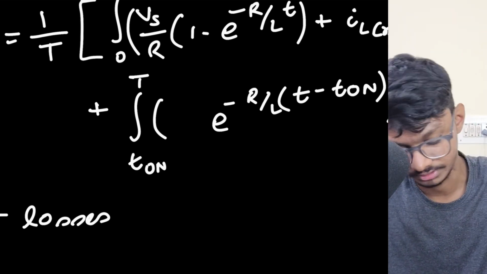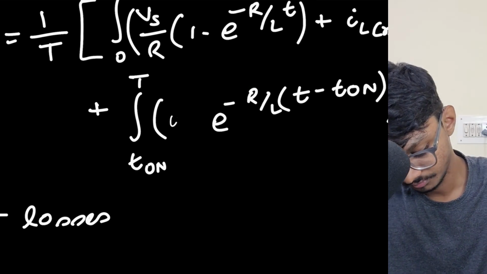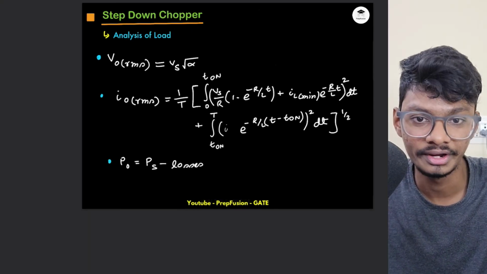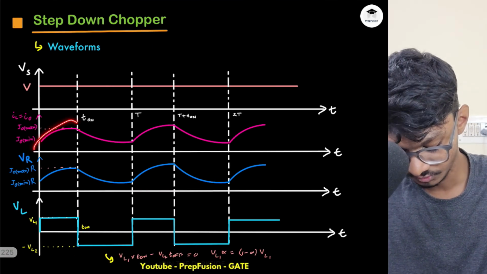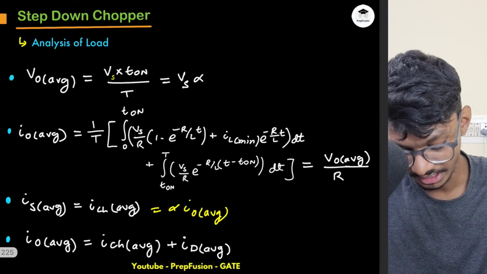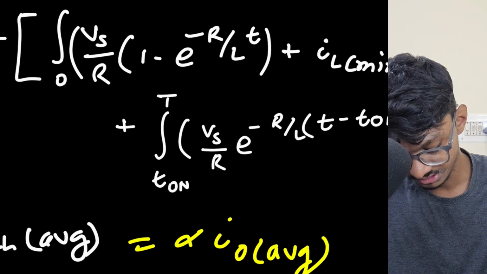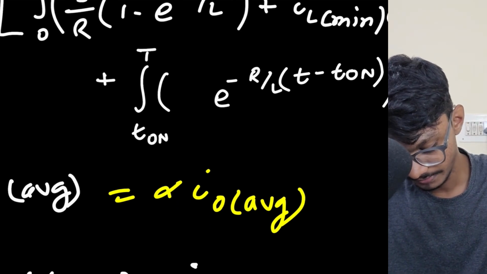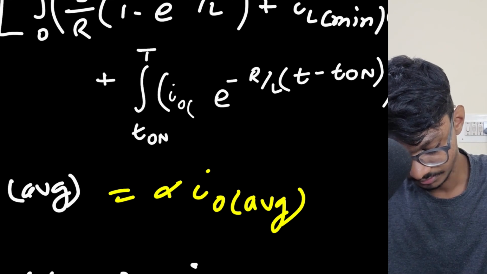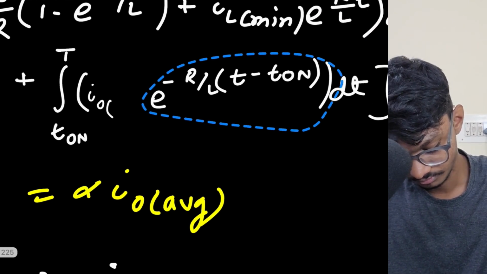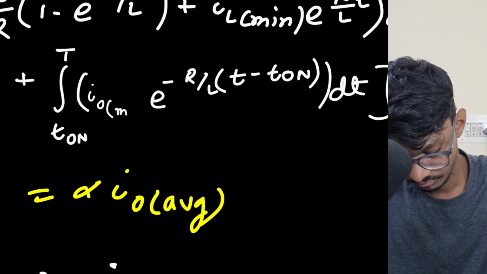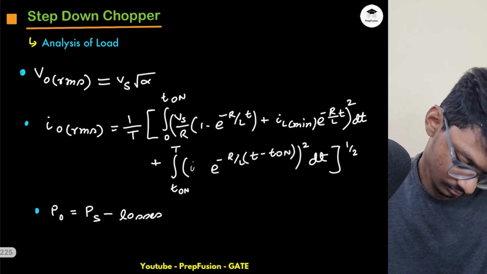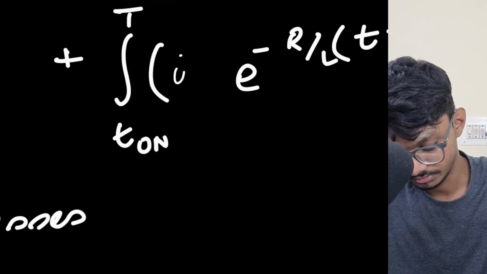But we will not use this, and this will not come in the examination. You have to find the RMS value of this weird waveform. IO is this weird waveform, and it is very difficult to find the RMS value for this. Obviously, I will tell you how to do it. This will also be wrong. This will actually be IO maximum.